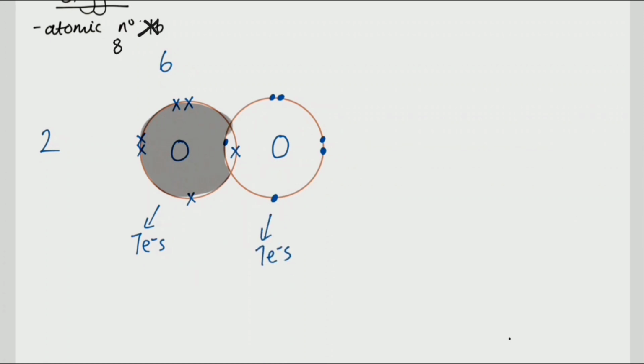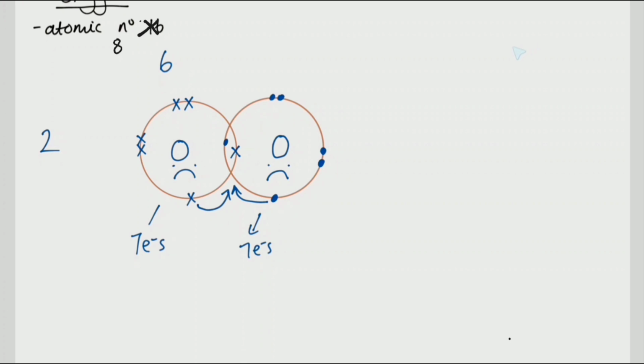So both oxygen atoms haven't got full outer energy levels. So they're not very happy and they're not stable. So what could happen is that the two single electrons that aren't paired up on each oxygen atom could come together and pair up and bond together.